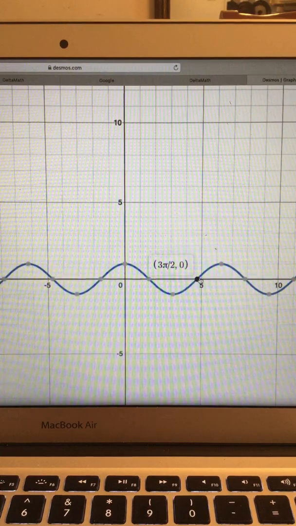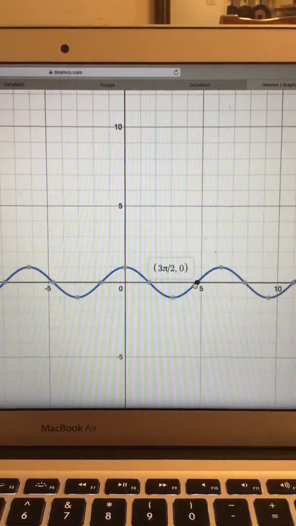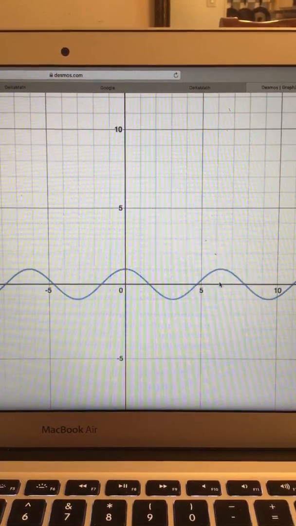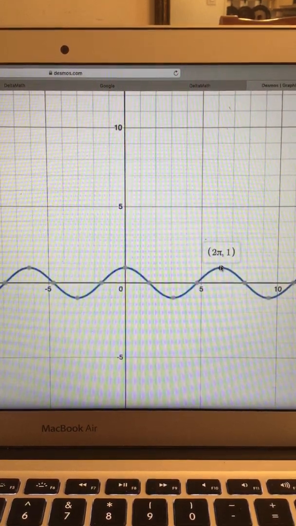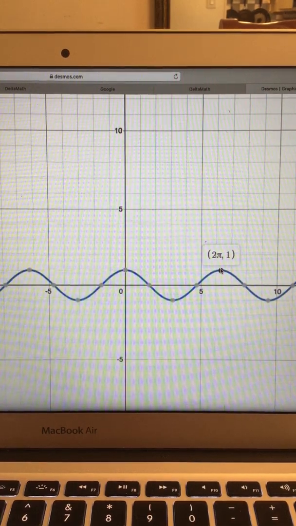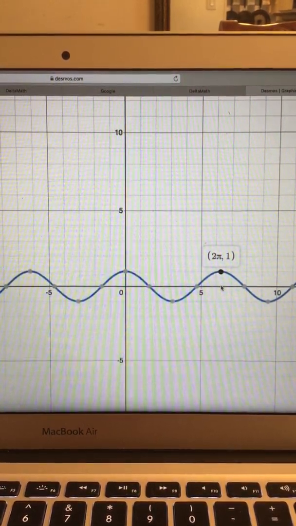They're actual lines. When I did mine, I approximated around 3. This is 3 pi over 2. This will be over here at around this one, at 2 pi. So that's roughly 6, but it's hard to see that.